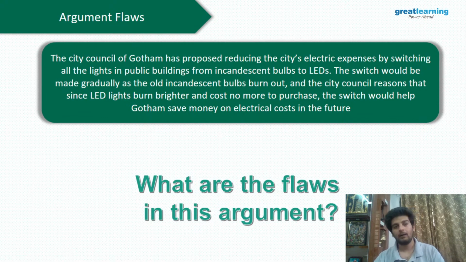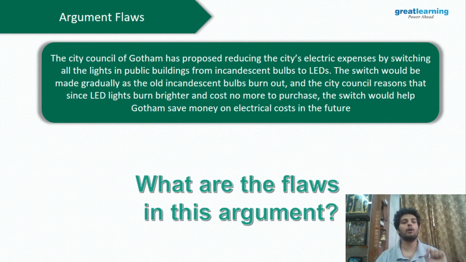And the city council states this switch would be made gradually as the old incandescent bulbs burn out. So whenever the old incandescent bulb burns out or goes away, that is when it is replaced by the new ones.